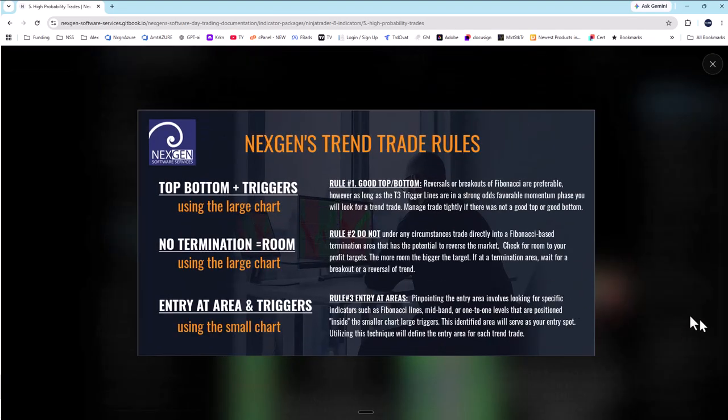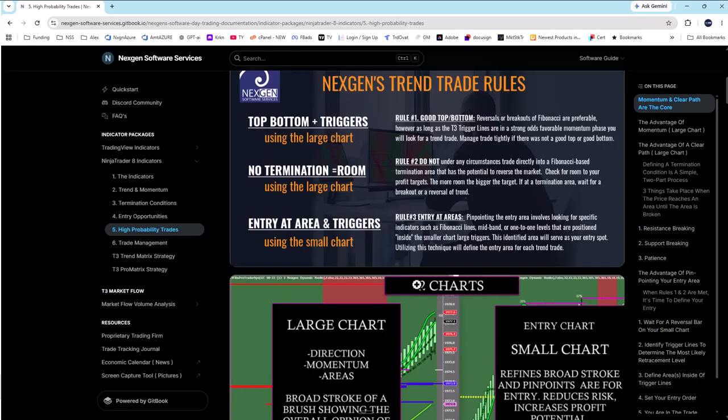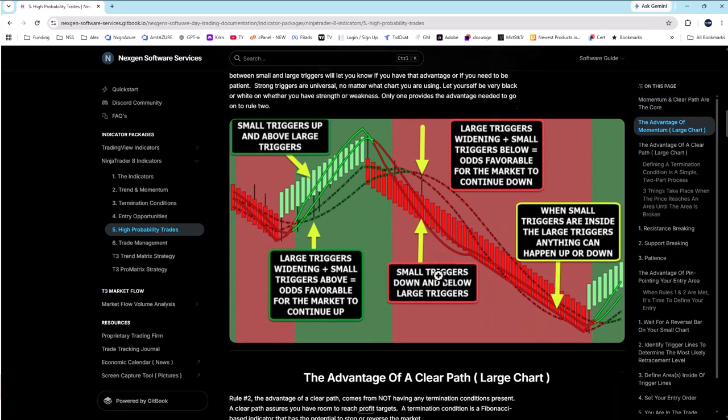Just to kind of recap the rules, super simple, because I think it's important for those of you guys that don't know the rules to actually hear them one time. It's really pretty easy. Our best trend trades are when we have a good top or bottom and our trigger lines are strong and there's nothing in the way, and then we buy a pullback at areas inside the trigger lines. That's short version.